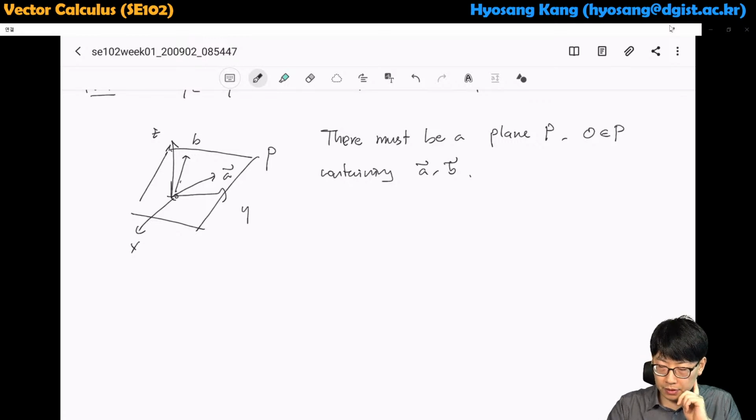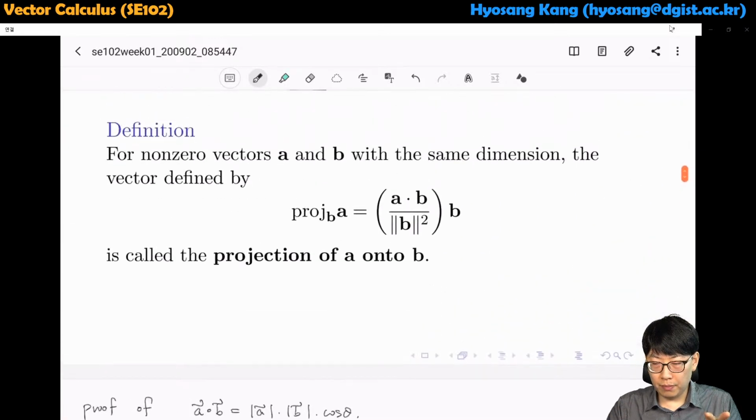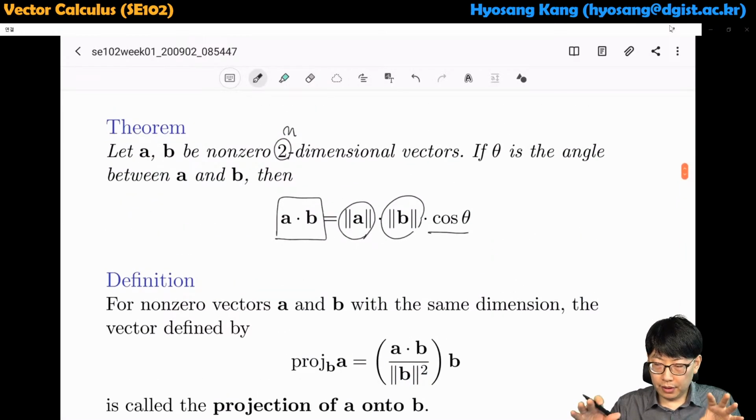So there must be an angle between A and B inside of P, and everything works fine as long as you stay in the plane P, because that's a two-dimensional space. You can apply your theorem on two-dimensional space inside of the plane P. So therefore this works fine.